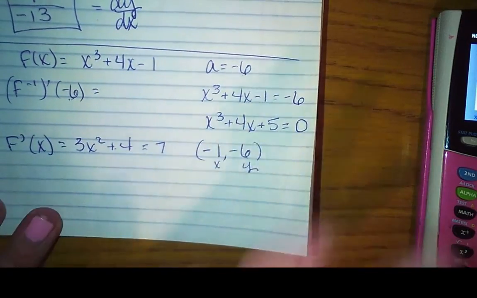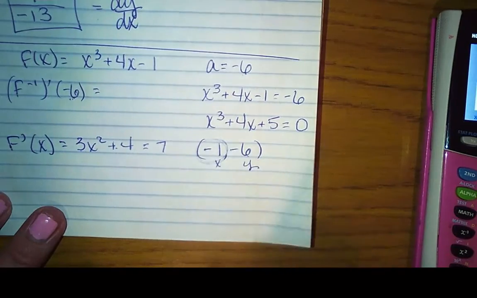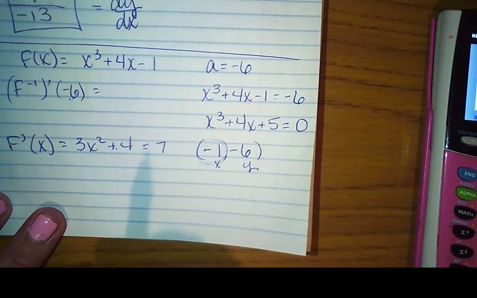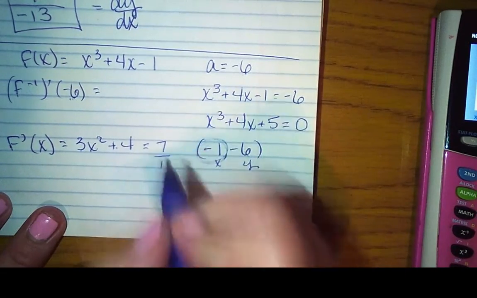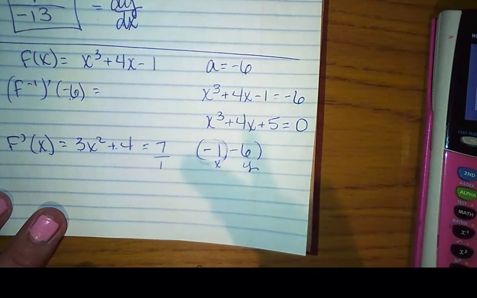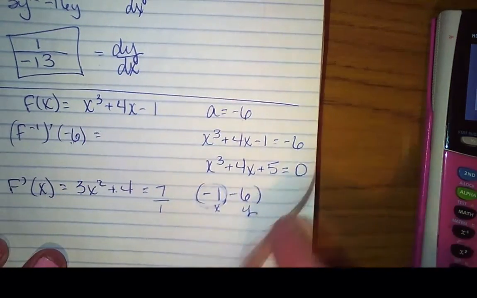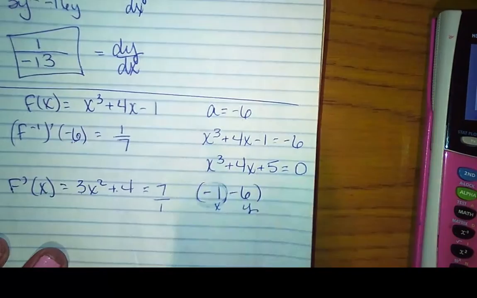I just found a value of 7 evaluated at the x coordinate I found. If on my original function my derivative evaluates to 7 over 1, then on the inverse, flip it, and it will be 1 over 7.